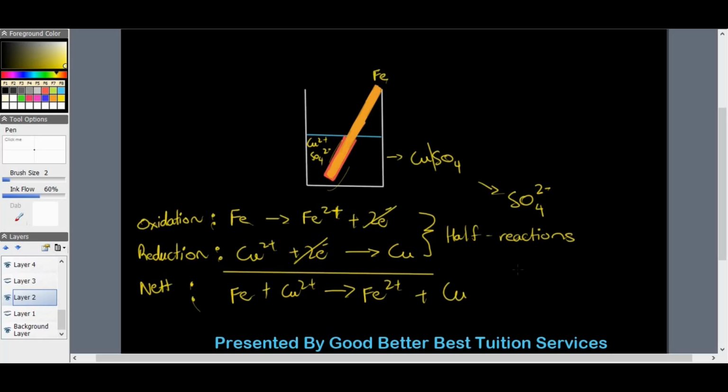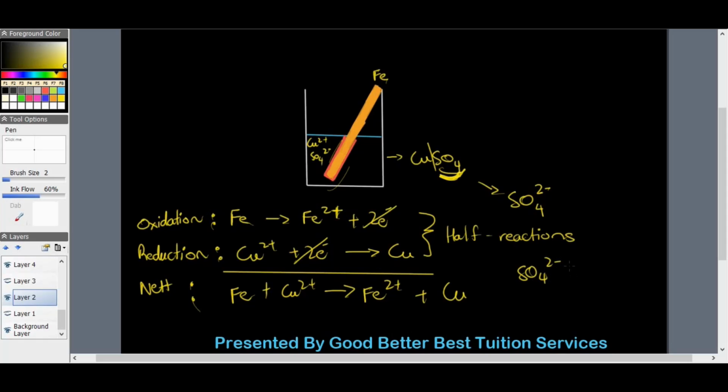Now the question on everybody's mind is probably what has happened to SO4 2-, because sulfate was definitely involved in this reaction. It was not involved in the sense of partaking in the reaction, but it was part of the solution, which was part of the reaction.